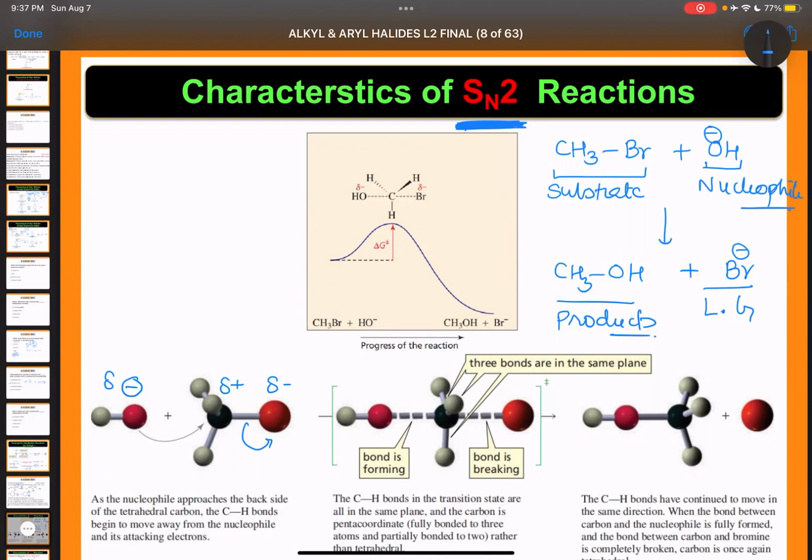So SN2, you can write it as a single step mechanism. Single step. So how can it happen that one group is removed, one group is added, and all these things happen in just one step? This is possible if the nucleophile, generally represented as Nu minus, comes and joins the substrate from the side opposite to the leaving group.